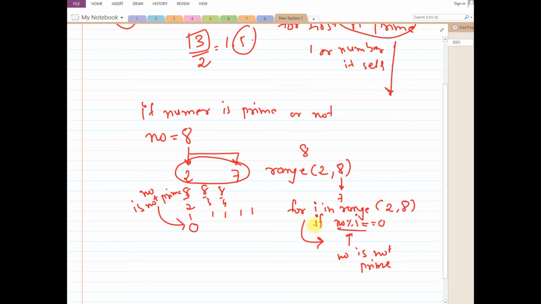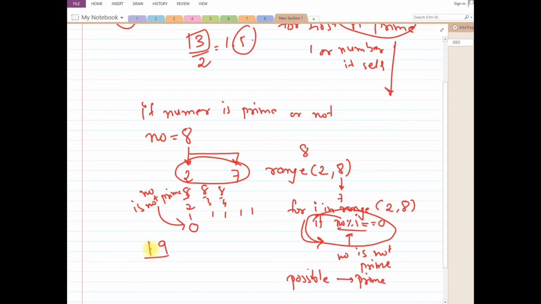But if this part won't be executed, in that case there is a possibility. I'm not saying the number is prime or not prime. There is a possibility that the number can be a prime number. Let us have an example for 9.